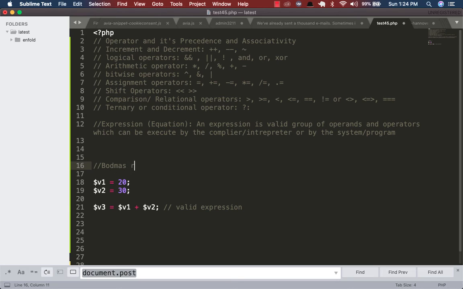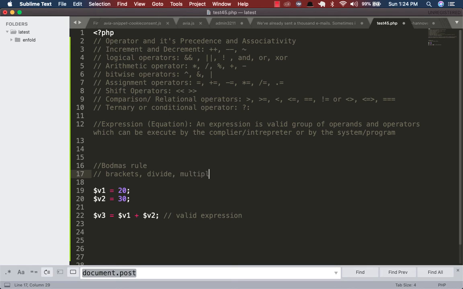In the Bodmas rule, we learn that first we will solve brackets, then divide, then we will execute multiply, then we will use addition, and then finally subtraction.